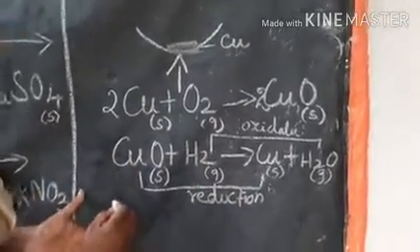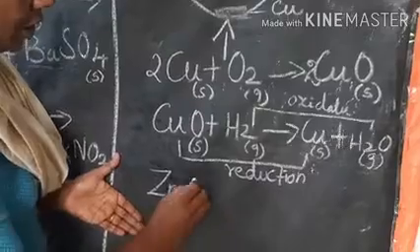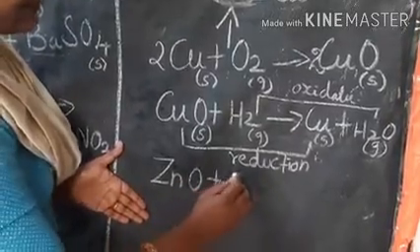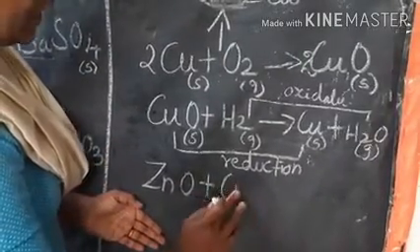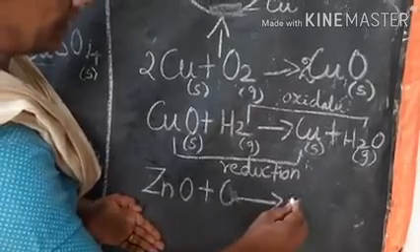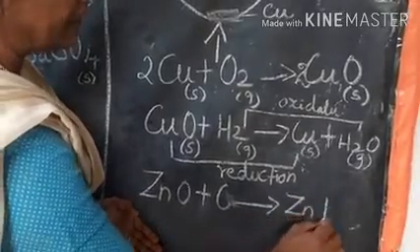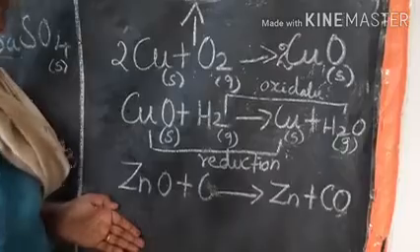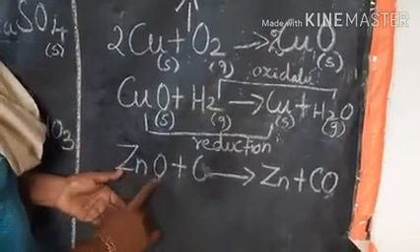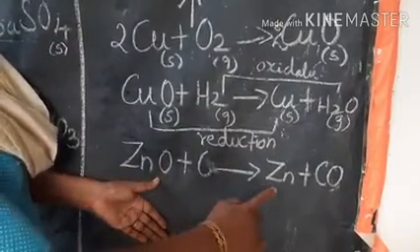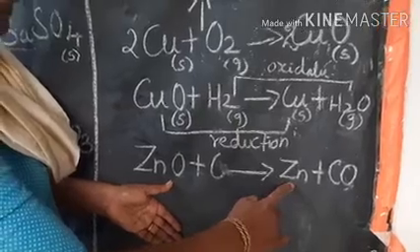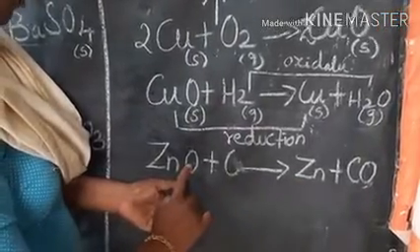I can write one more example. Zinc oxide is treated with carbon. Look here, here it forms zinc plus carbon monoxide. Look at zinc oxide, but on the product side only zinc is there. So here oxygen is removed.